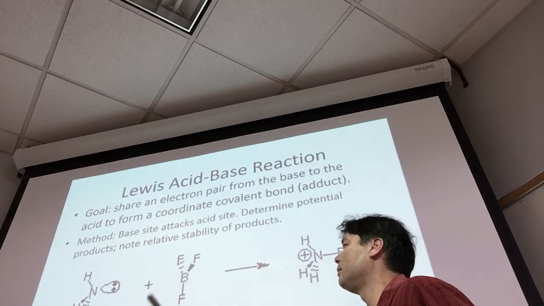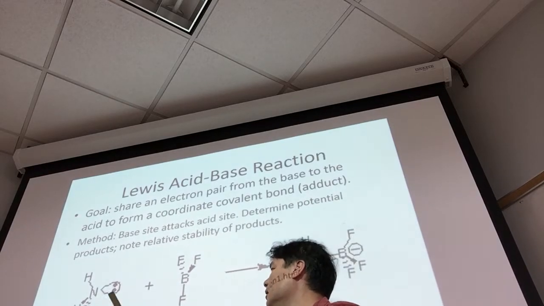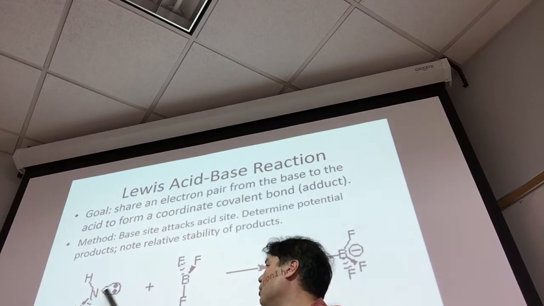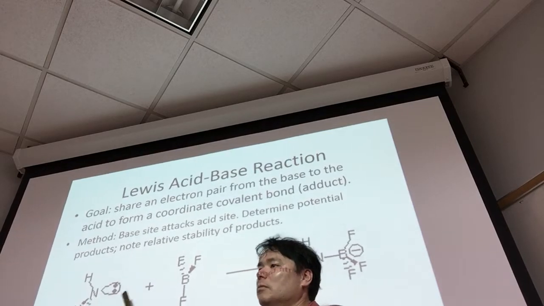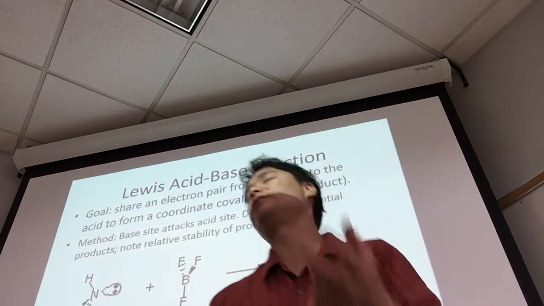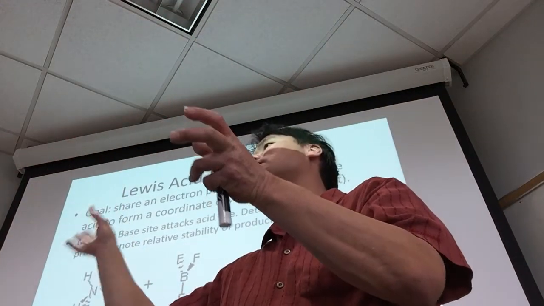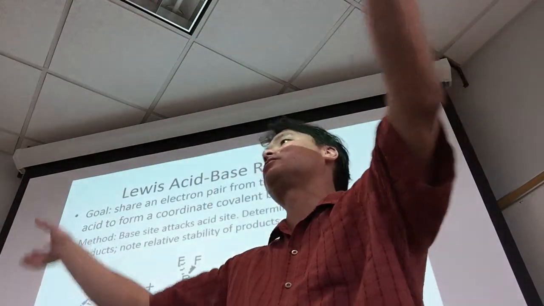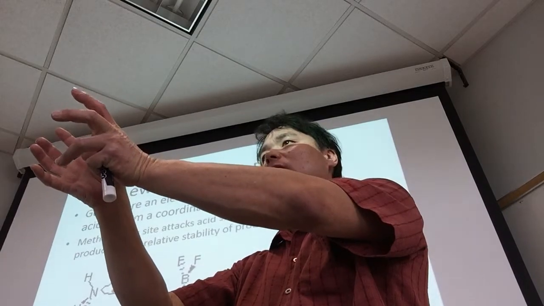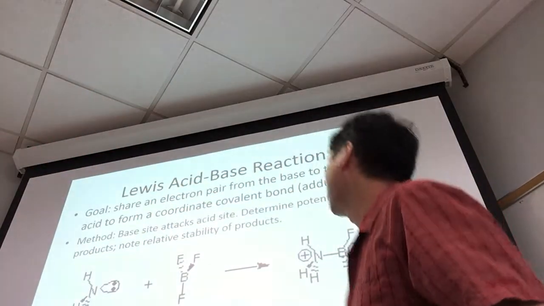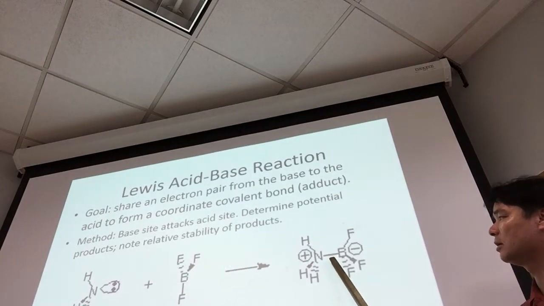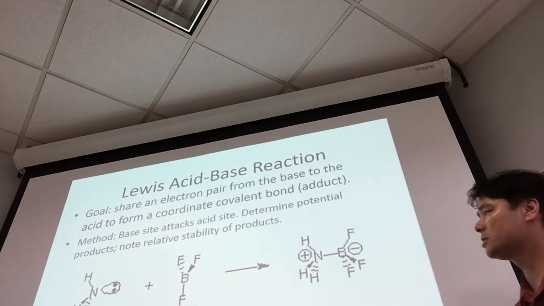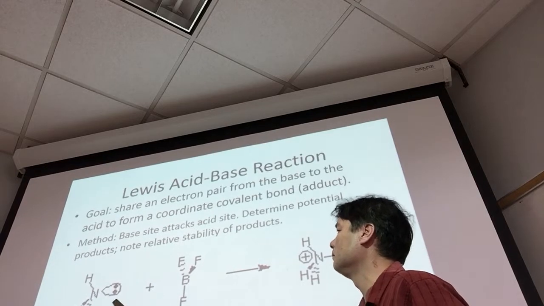A coordinate covalent bond is a bond where both bonding electrons come from a single atom. In a normal covalent bond, let's say you have a hydrogen bonded to a hydrogen, one electron comes from this hydrogen, one electron comes from this hydrogen, we form a bond. Once a coordinate covalent bond is formed, you can't tell the difference between a regular covalent bond and a coordinate covalent bond. It's just in the formation phase that you can see it.